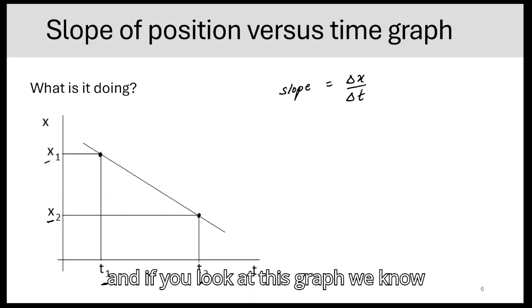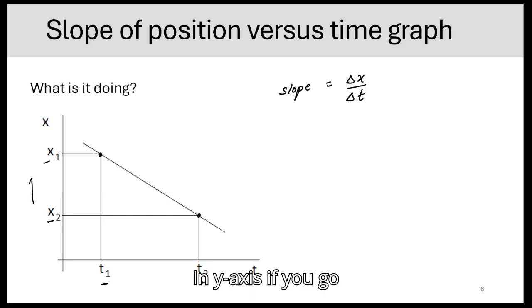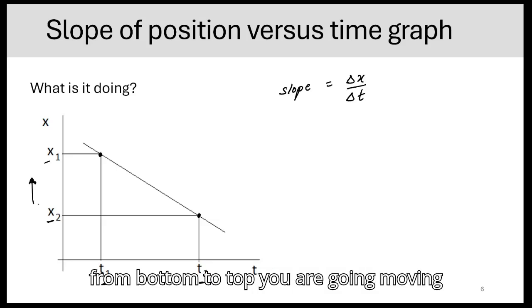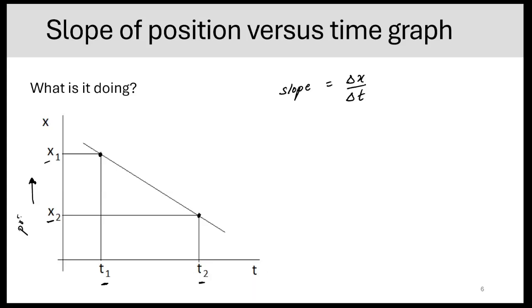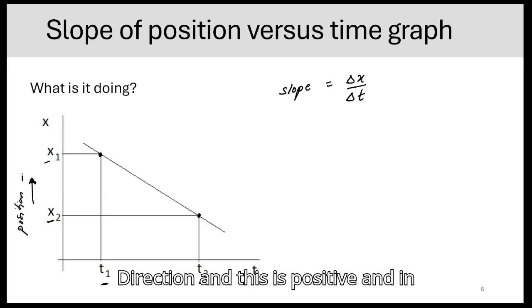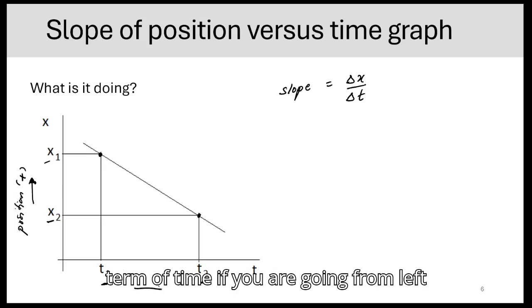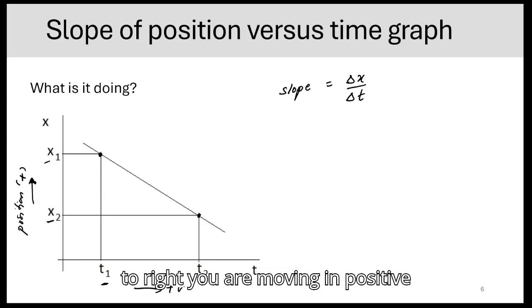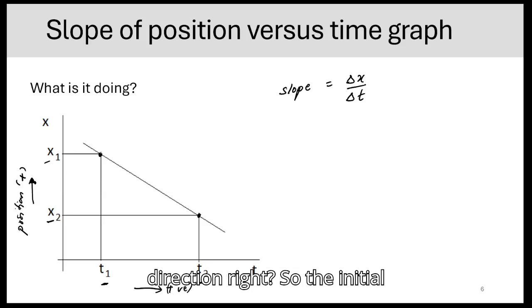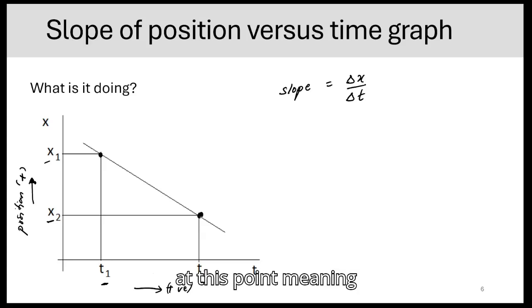In this graph, going from bottom to top on the y-axis is the positive direction, and going from left to right in time is also the positive direction, right? So the initial point is here and the final point is here, meaning your initial value is larger than your final value.